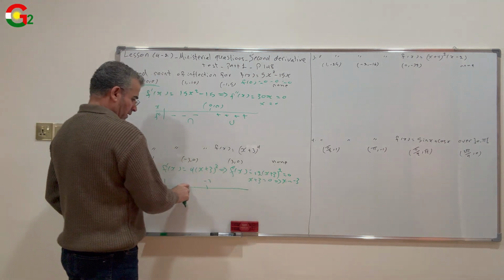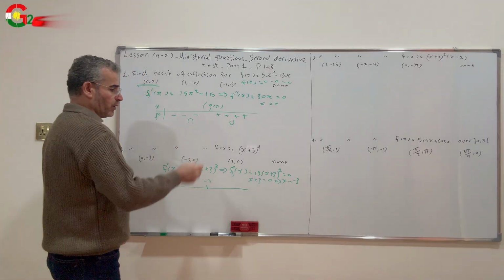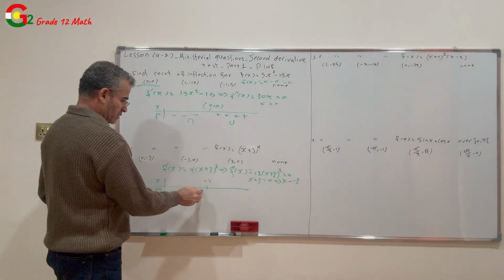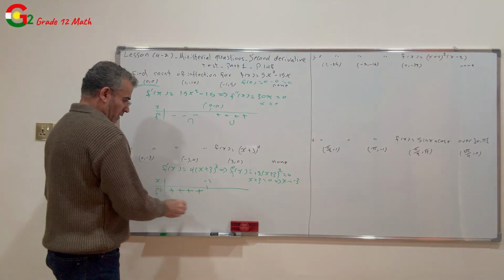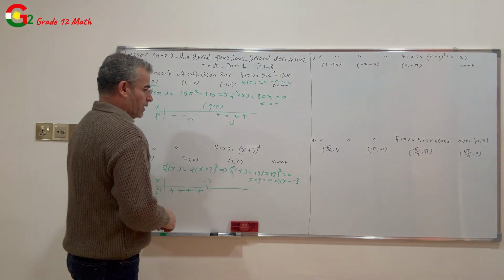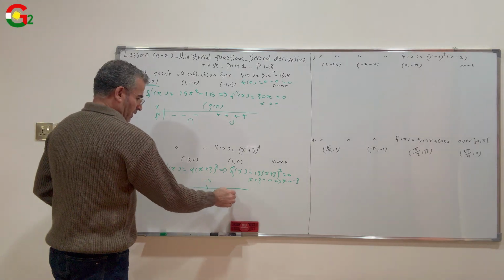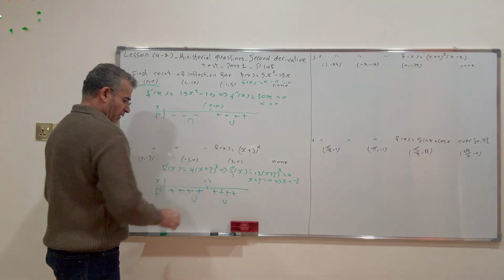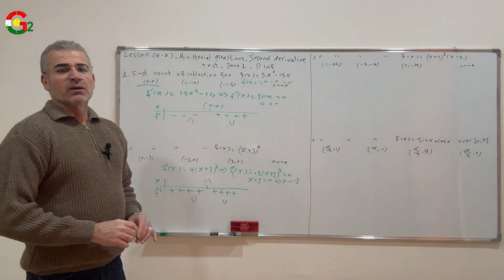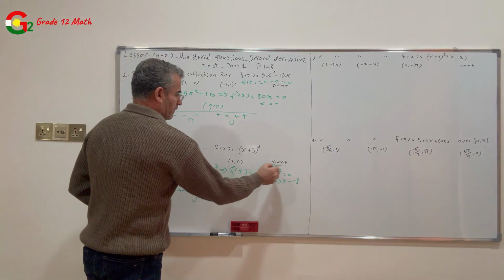Before negative 3, take negative 4, then negative 4 plus 3 is negative 1, power 2 is 1, times 12, positive. After negative 3, take 0, 0 plus 3 is 3, power 2, positive, times 12, positive. Then the function is always concave up and there is no point of inflection.